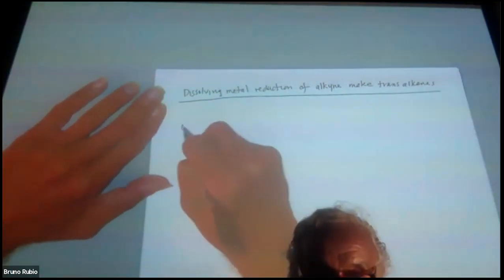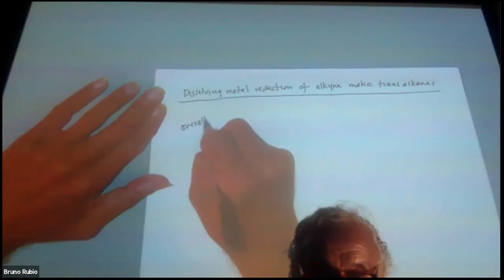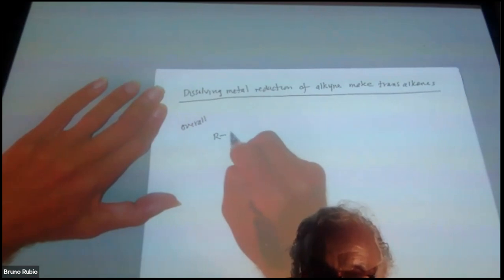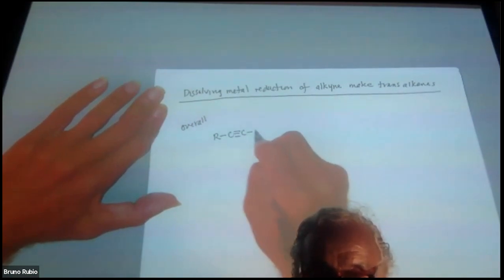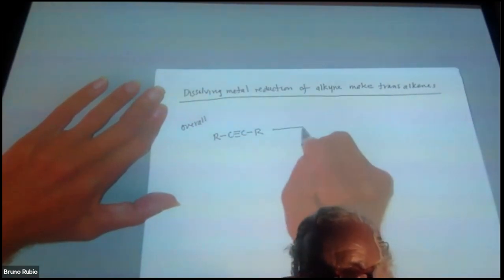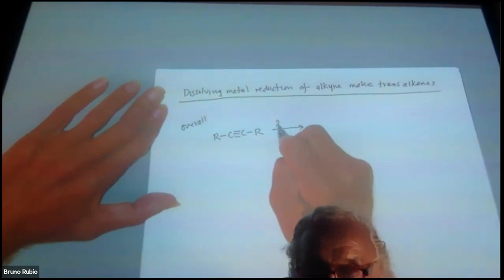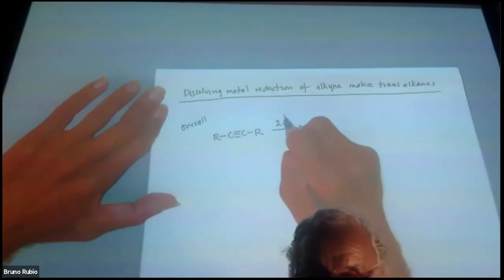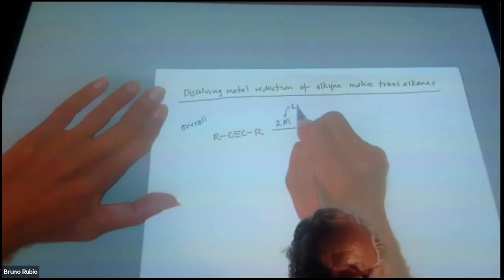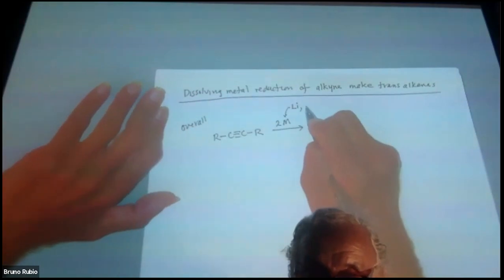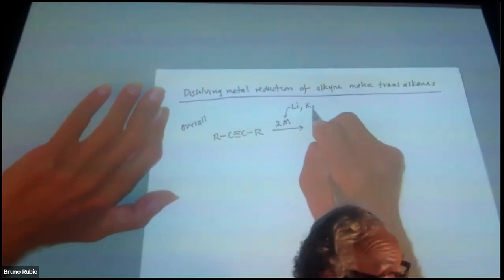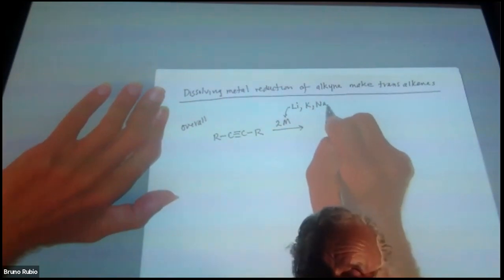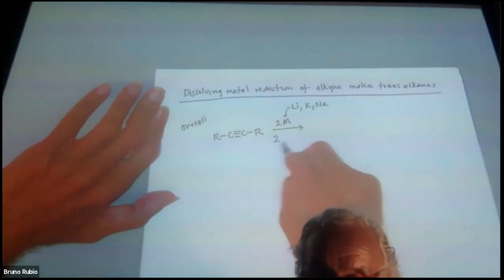All right, so the overall reaction is going to be, you start off with an alkyne. You have two equivalents of a metal, and this is always going to be a group 1 metal, lithium or potassium or sodium, and 2 moles of ammonia.